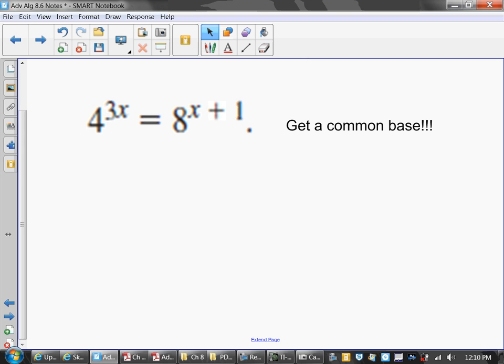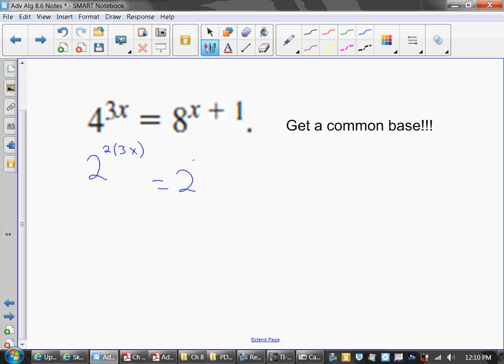All right. So what happens here is that you want to rewrite this as 2 squared to the 3x equals 2 cubed to the x plus 1. When you have a 4 and an 8, a 9 and a 3, a 3 and a 27, things like that, with things raised to exponents, you want to create a common base.